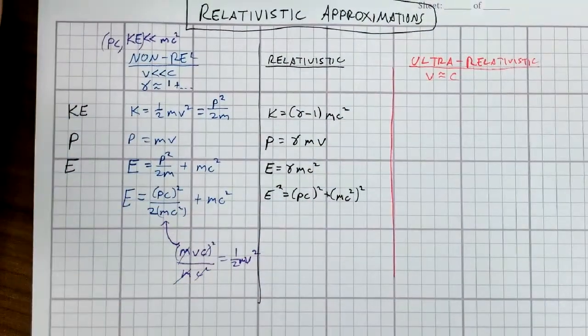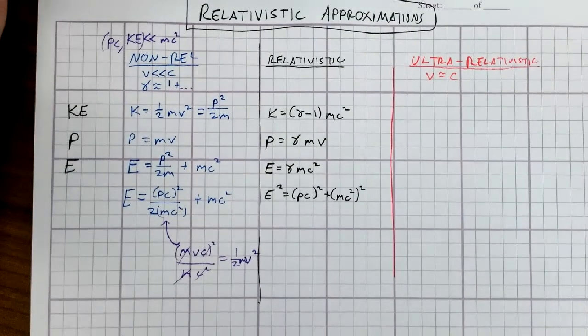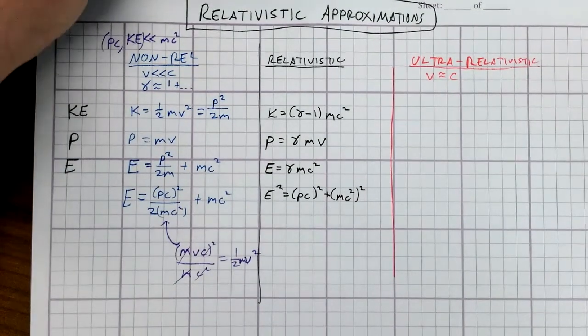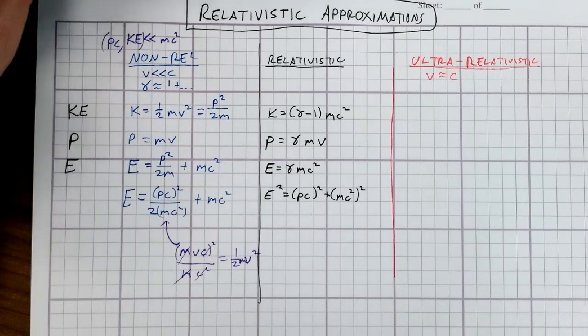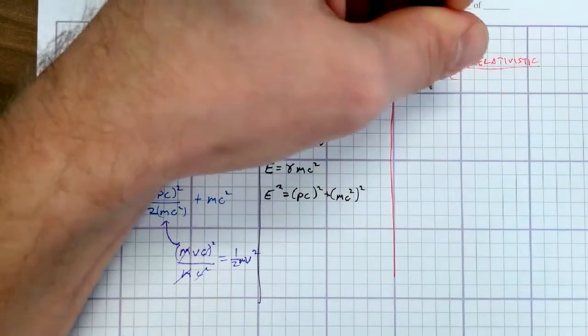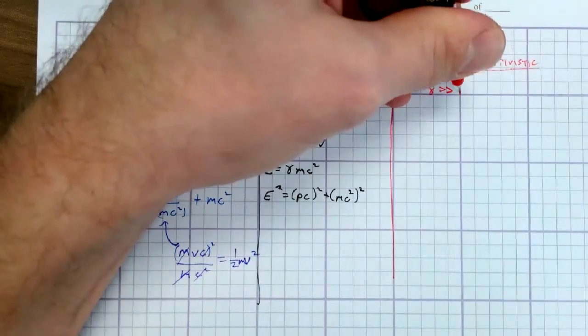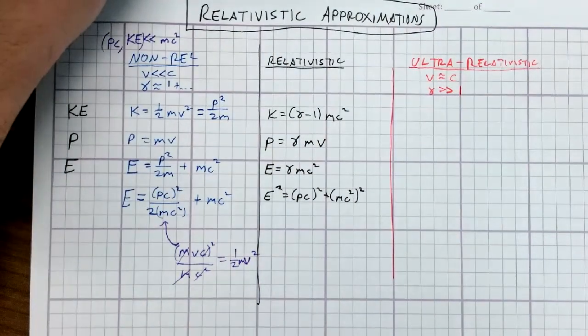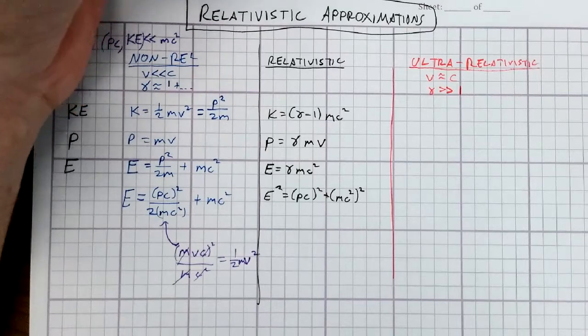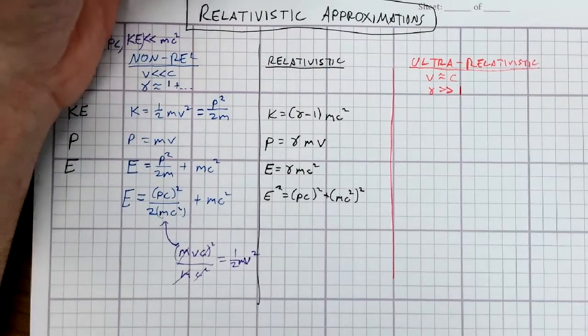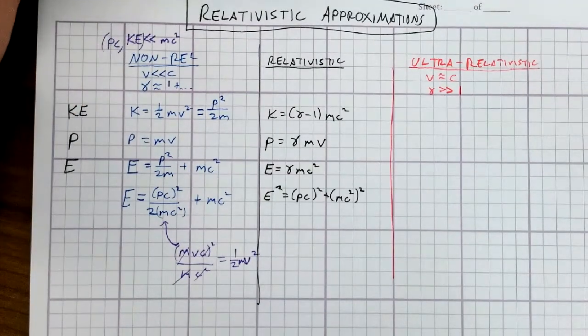So maybe it's 0.99c or 0.999c, but at least within the ballpark of c. I also have that gamma is probably going to be much, much greater than 1. Maybe it's 10, maybe it's 100, maybe it's 1,000, but it's at least an order of magnitude bigger than 1, and that's going to simplify some things for us.